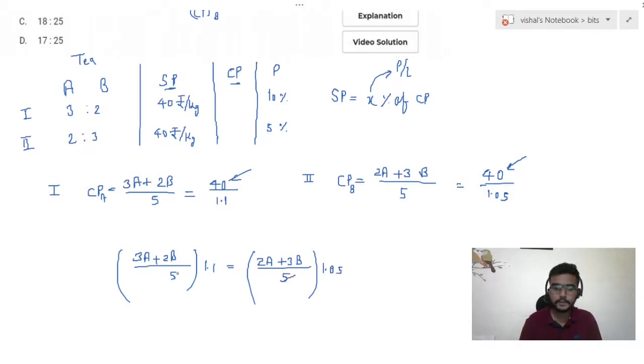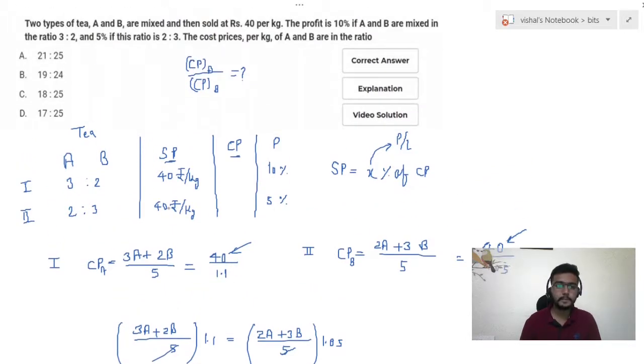So the 5 is common, so we can cancel it. On solving both of these terms, we can find the ratio A divided by B, which will come out to be 19/24. So option B will be the correct one.